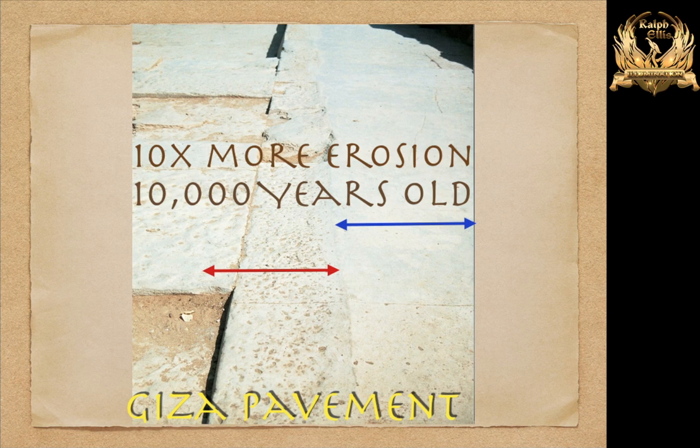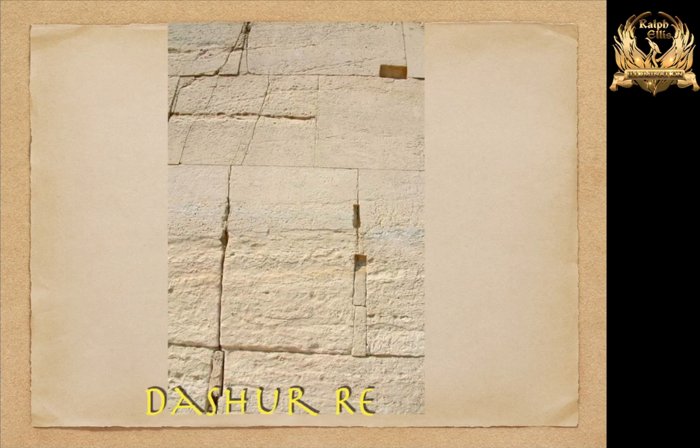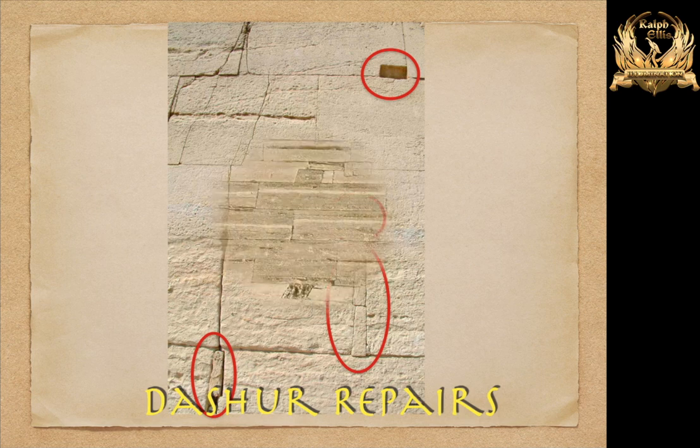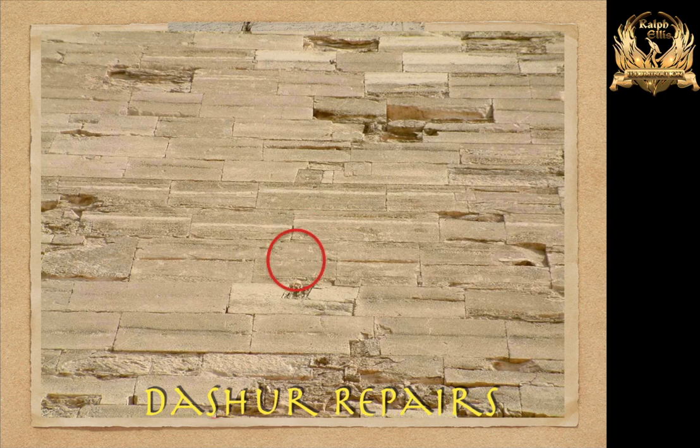How else can we tell how old these pyramids are? Another way might be through repairs. Here we're back at the Bent Pyramid down at Dashur, and someone has been repairing this pyramid. And if you look across the side of this pyramid, you will see repairs all over this pyramid.